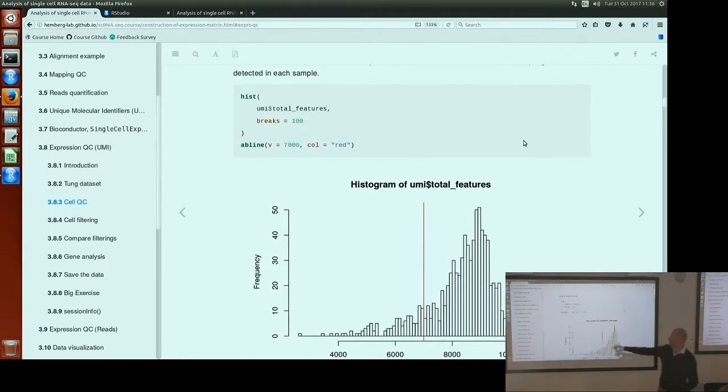Here we apply a filter of 7,000 genes, which is a good number. If you have less than 7,000 genes expressed in the human genome, maybe something went wrong. It's related to this experiment. In your own experiment, the value will be different, obviously, and also depending on the protocol. Some protocols are deeply sequenced, some protocols are not.